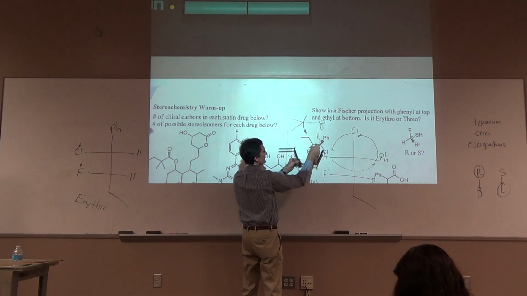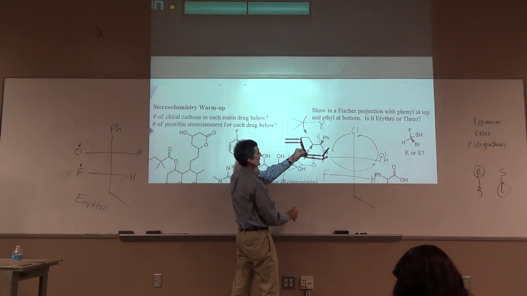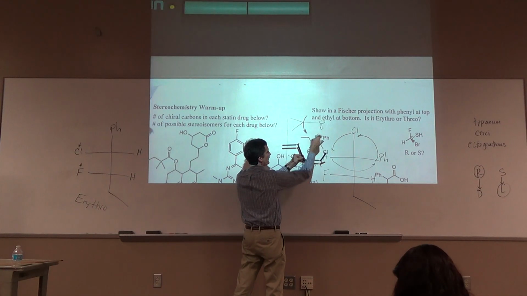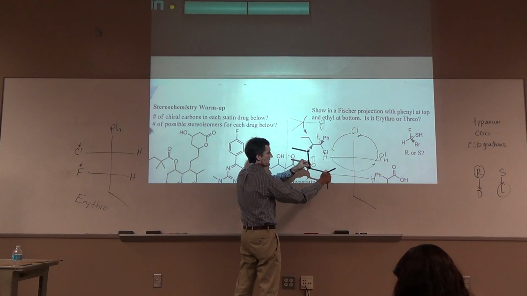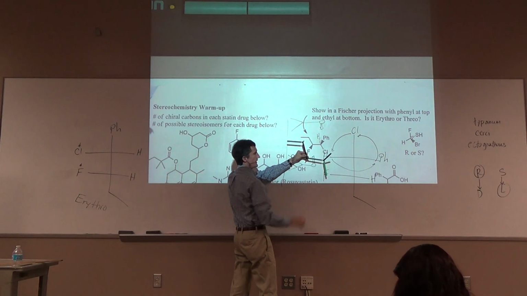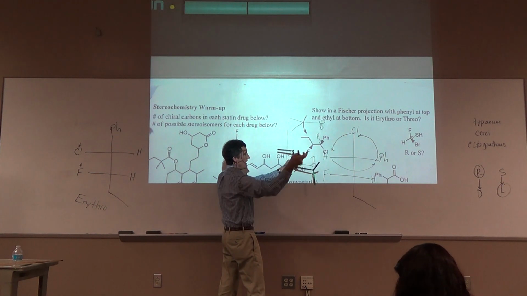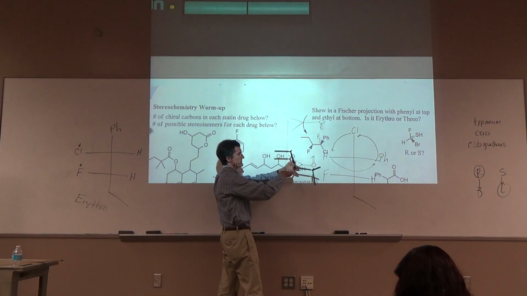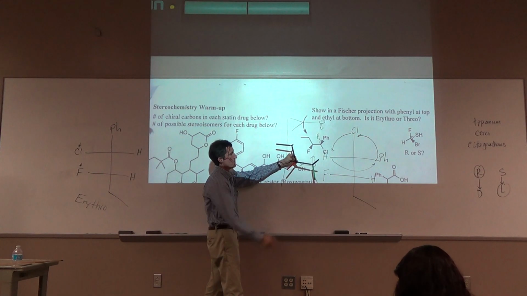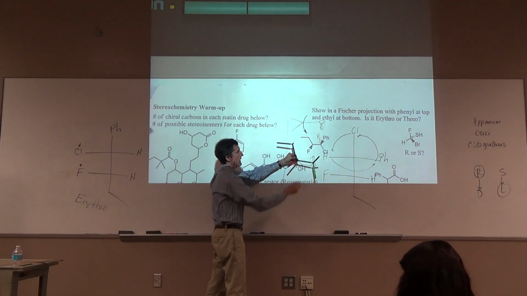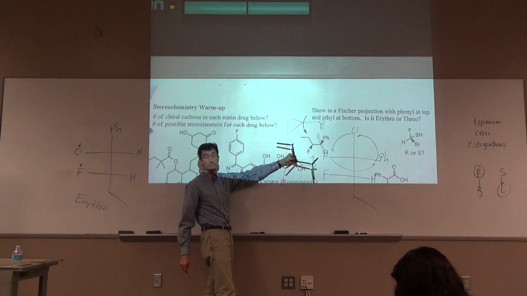This is in the plane, but the phenyl is coming forward, right? So this is sort of this here. Chlorine's coming straight down. I'm going to make chlorine green. See how it's coming straight down in the plane? And then the fluorine is red, it's coming out. So I'm going to put it here. Pretend there's a phenyl here. There's the compound on the board as originally drawn. Does everybody sort of agree? Okay.